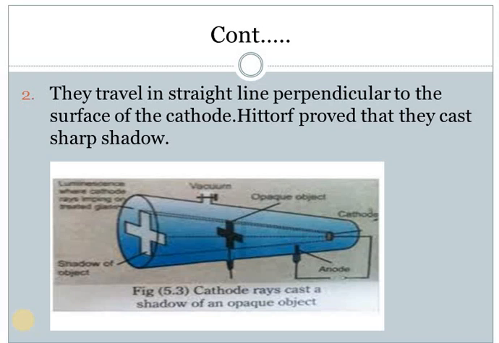If we place an opaque object in the middle and cathode rays are coming out, we can see that the back of the opaque object has a shadow, indicating that something straight is coming, hitting that object and causing a shadow.